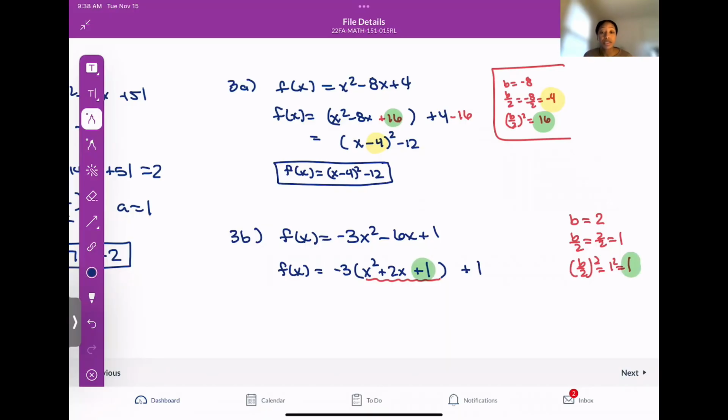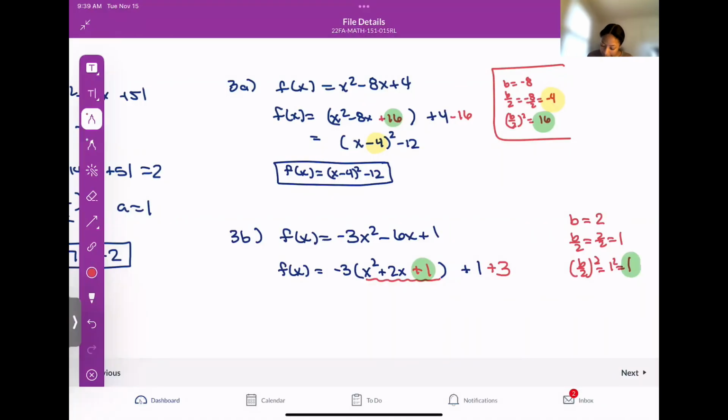This makes a perfect square trinomial. X squared plus 2x plus 1 simplifies to x plus something squared. That 1 is being multiplied by a negative 3. So essentially we added a negative 3, subtracting 3, so we need to add 3 on the outside. That balances adding the 1 inside of the parentheses.